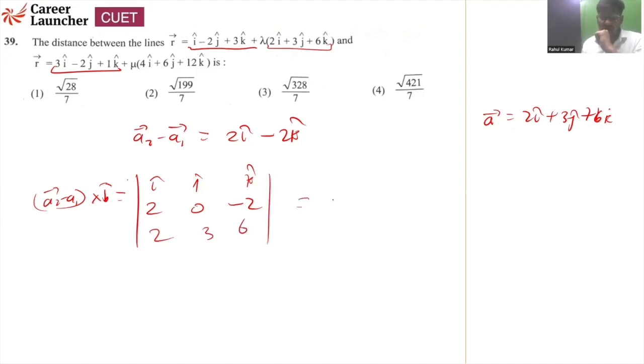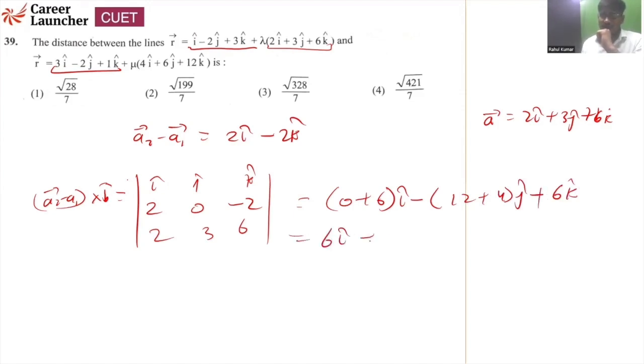Let's take out 2 common from this, or we don't need to do this. Let's simplify this. So we have 0 plus 6 i cap. Then we take the determinant of this. So we have minus 12 plus 4 j cap, and we have 6 k cap in the last.